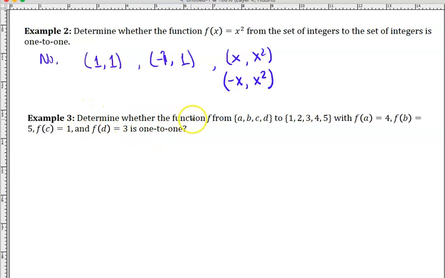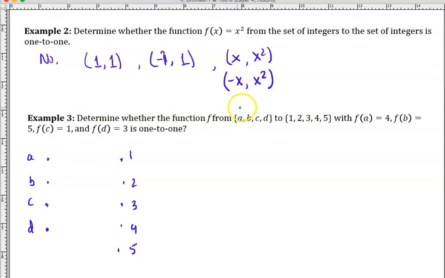Let's look at the next function. I have a function from domain A, B, C, D to codomain 1, 2, 3, 4, 5, and the function rules are listed. Let's draw an arrow diagram because it's useful to see. My inputs are A, B, C, D, and my outputs are 1, 2, 3, 4, 5: domain and codomain.